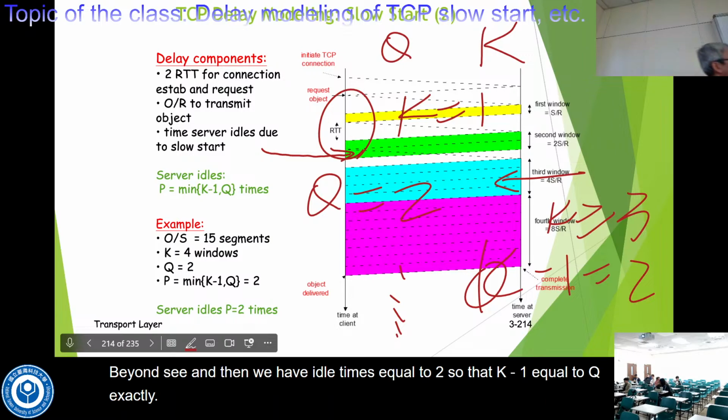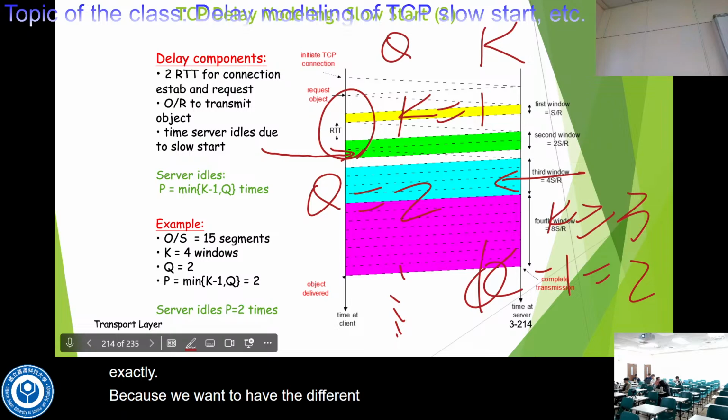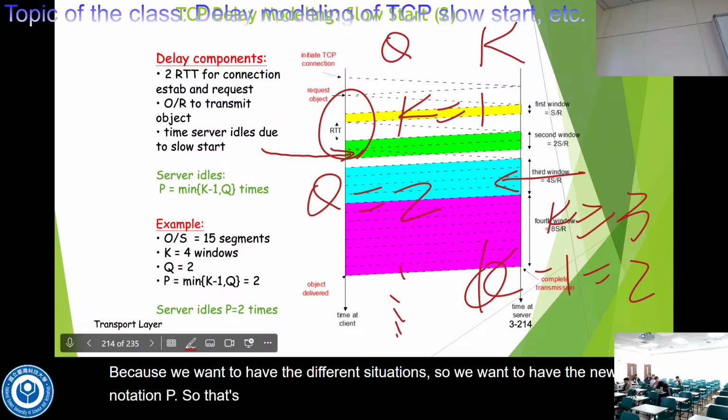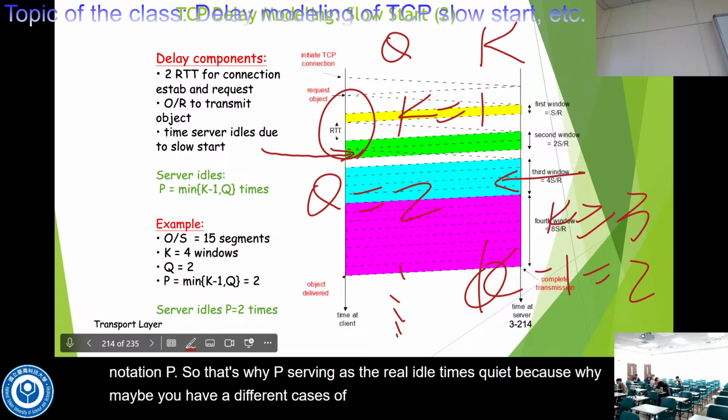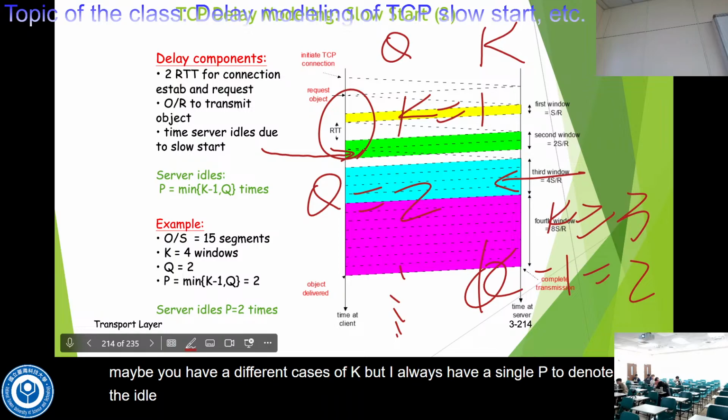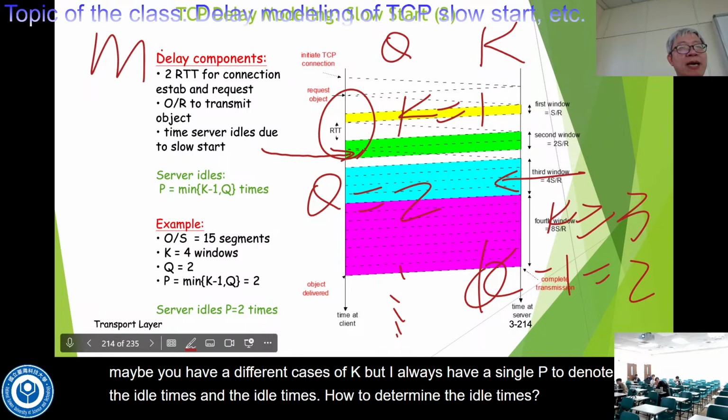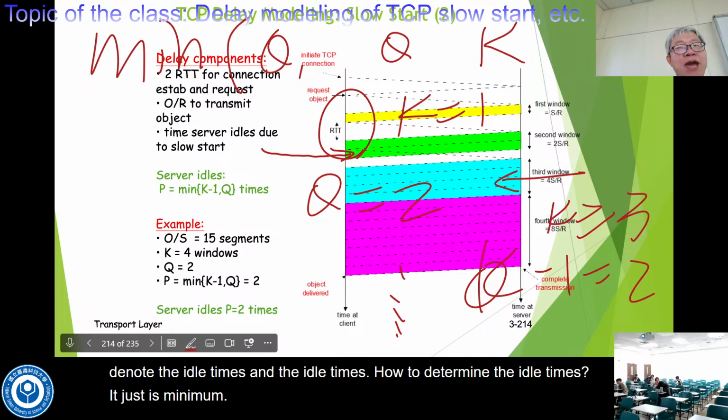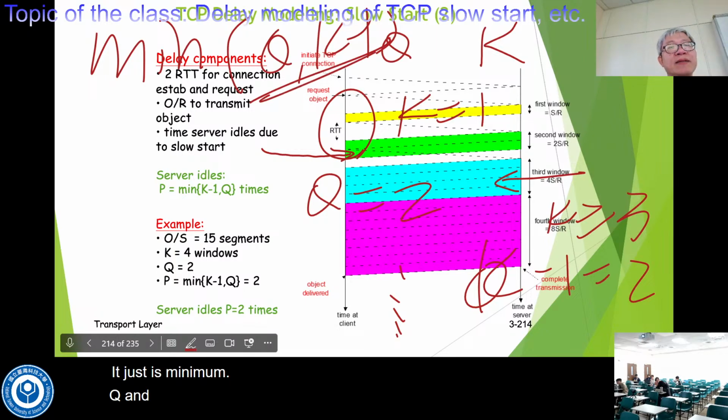Because we want to handle the different situations, we want the new notation P. That's why P serves as the real idle times. Why? Because maybe you have different cases of K, but I always have a single P to denote the idle times. And how to determine the idle times? You just choose the minimum of Q and K minus 1, and then that's done.